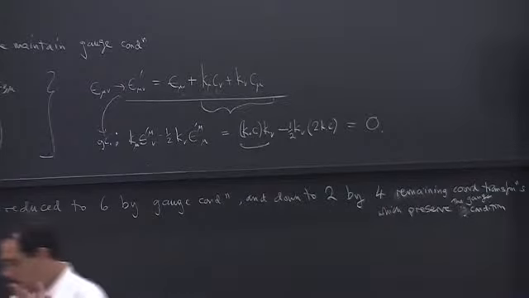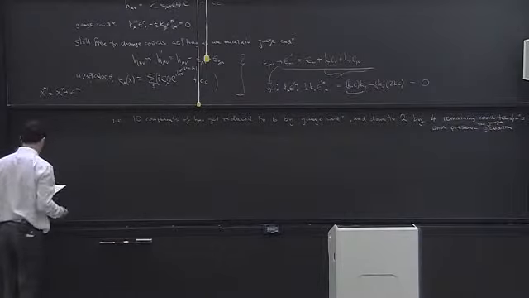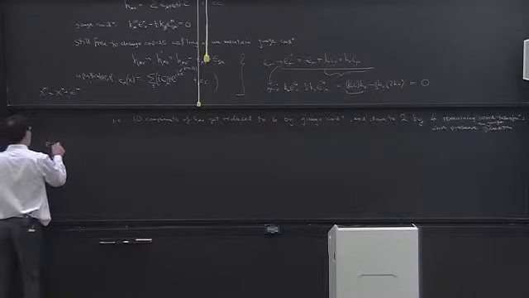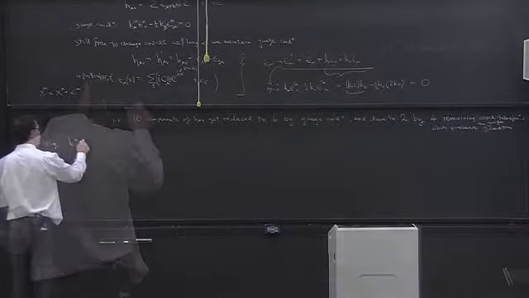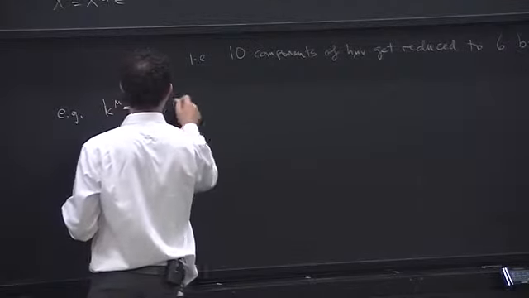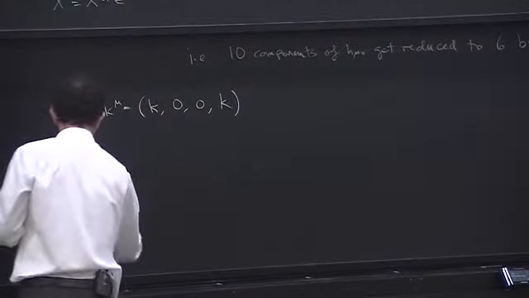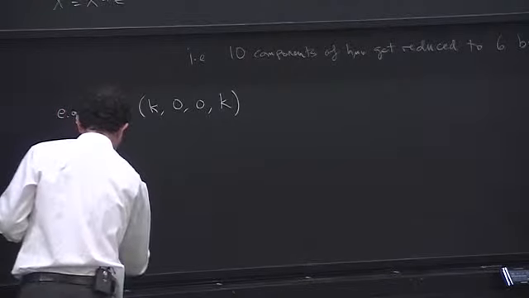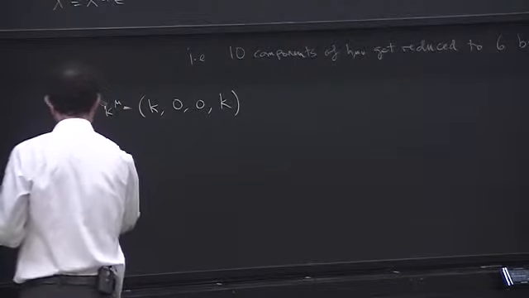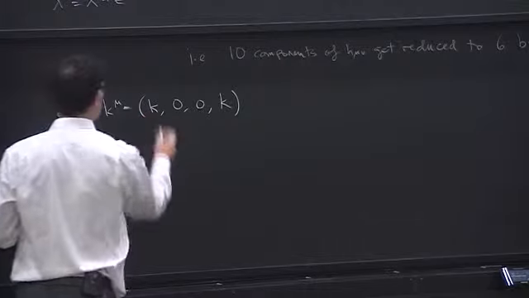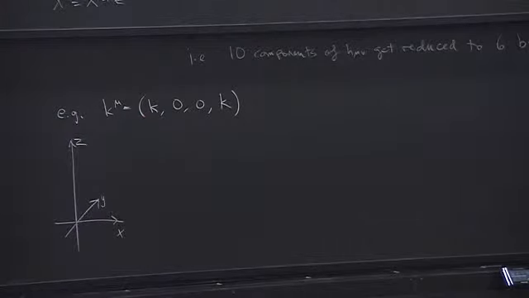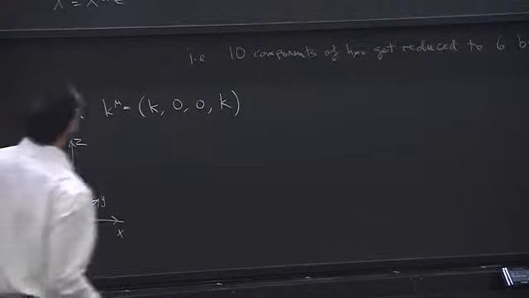Okay, so let's just do this all explicitly. It's worth doing. So let's pick our momentum form to be this. This represents a gravitational wave traveling in the z direction.